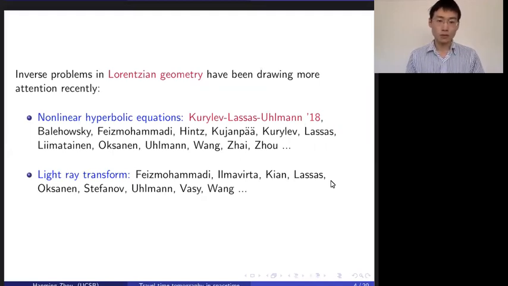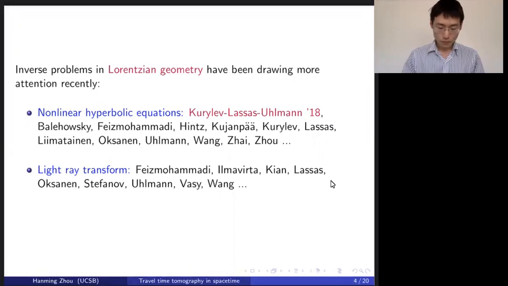There are also quite a few recent works following their initial work, and here is just a partial list. I apologize if I missed anyone on this. Another topic in Lorentzian geometry is the light ray transform, and there are also quite a few recent works on this topic.